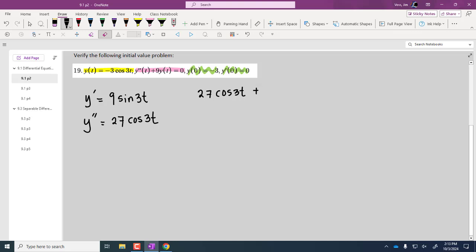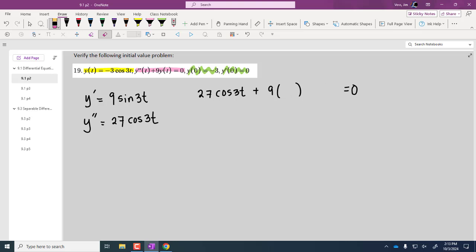Okay, so then 9 times y, so we're going to have 9 times 27, figure out that in a moment, times cosine of 3t. Yeah? It should be y. Oh, did I plug in y prime? Y double prime plugged in. Okay, I plugged in y double prime. Oh, gosh, thank you.